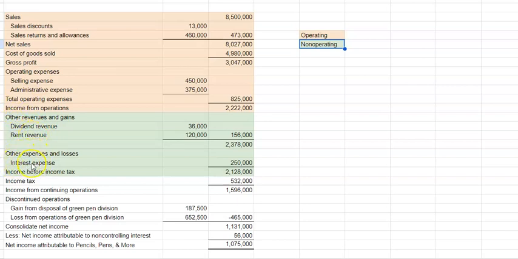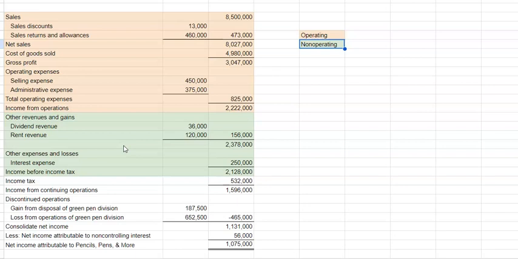In this case, we also have interest expense that arises from things like debt. That would also be considered a non-operating expense. So those will go in your other sections. Now, when you read through your textbook, pay very close attention to the section that talks about unusual and infrequent expenses and gains and losses.